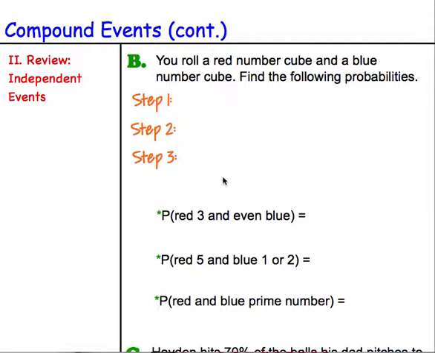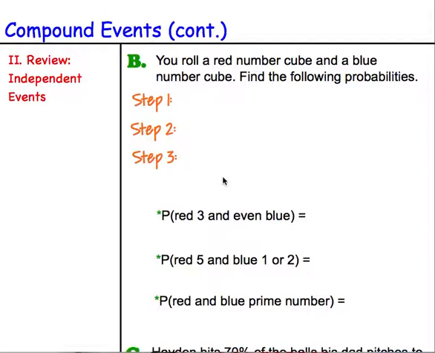Now that we've had an opportunity to take a look and review our mutually exclusive events, or our OR probabilities, next I want to take a look at our review of our independent events that have AND probability in them.